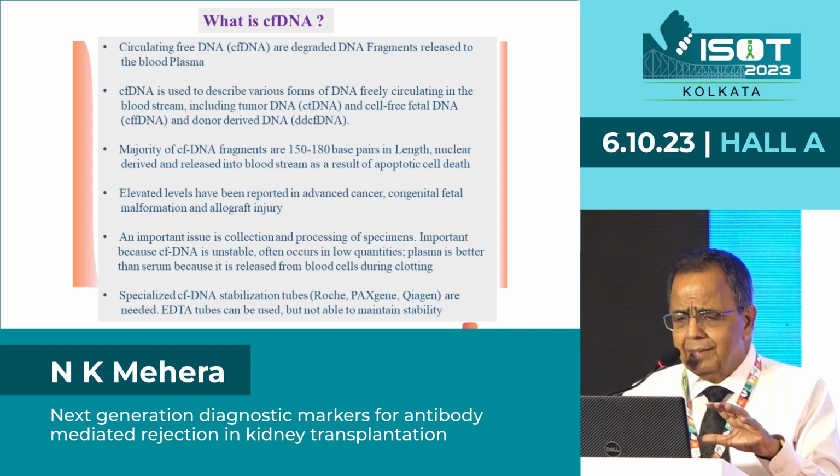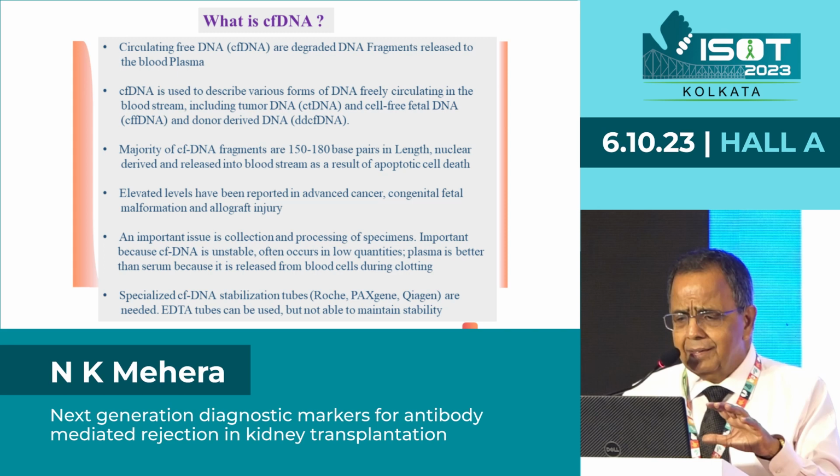What is cell-free DNA? It's circulating free DNA, the degraded DNA fragments released into the blood plasma, used to describe various forms of DNA freely circulating in the bloodstream, including the tumor DNA, which you call ctDNA, or cell-free fetal DNA, cffDNA, or the donor-derived DNA, which is what we use in kidney transplant.